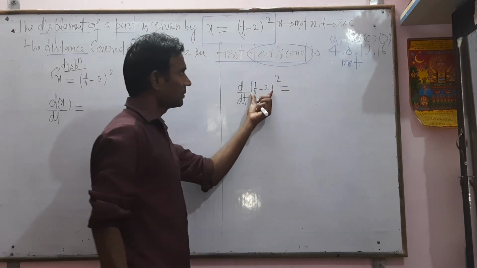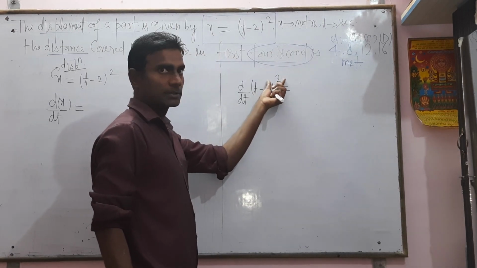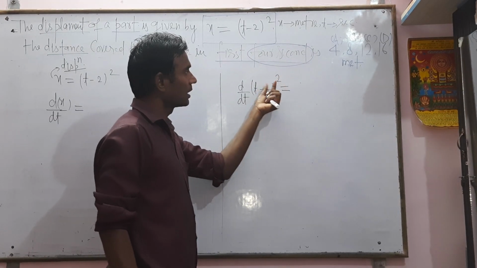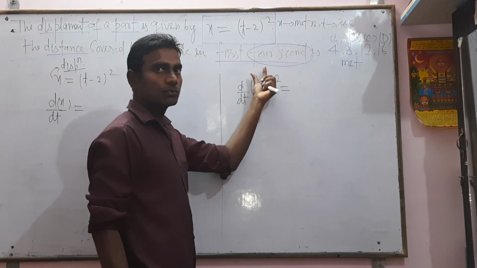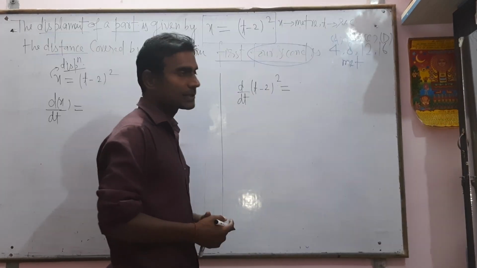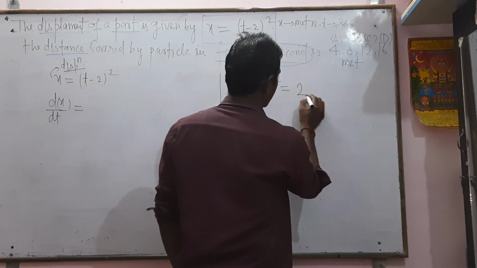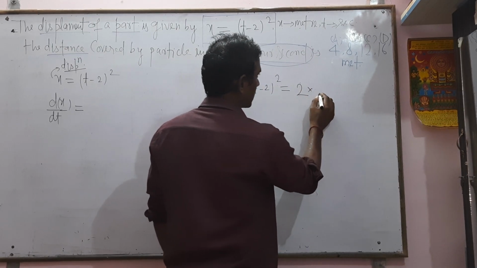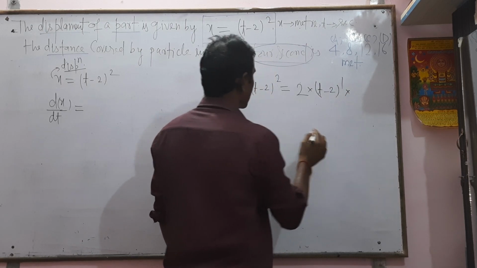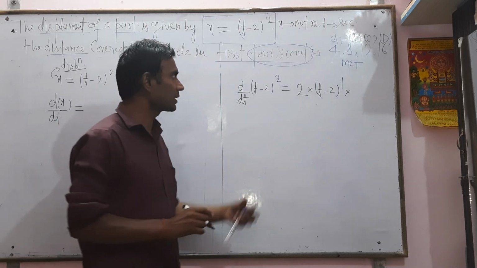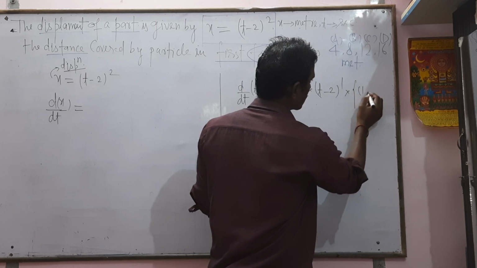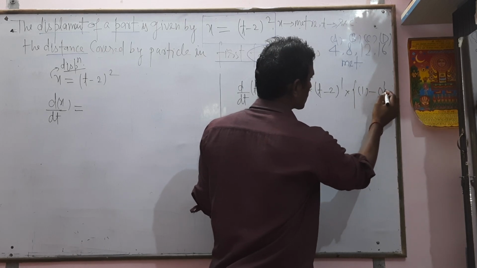The derivative of a variable raised to a constant equals the constant into the variable raised to the constant minus 1, into d by dt of the variable. The variable is t minus 2. So it equals 2 times (t minus 2) raised to 2 minus 1, into d by dt of (t minus 2). d by dt of t equals 1, minus d by dt of 2 equals 0.